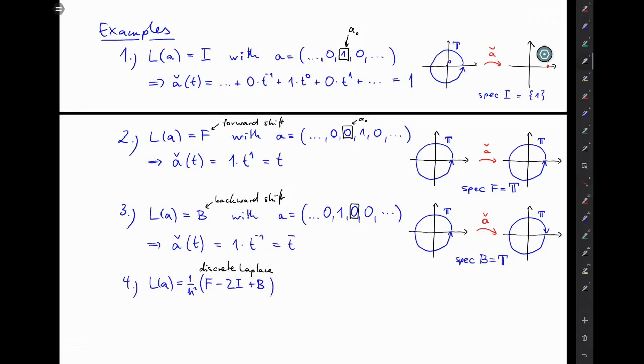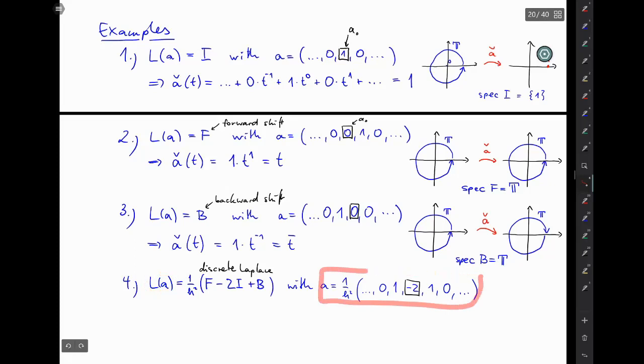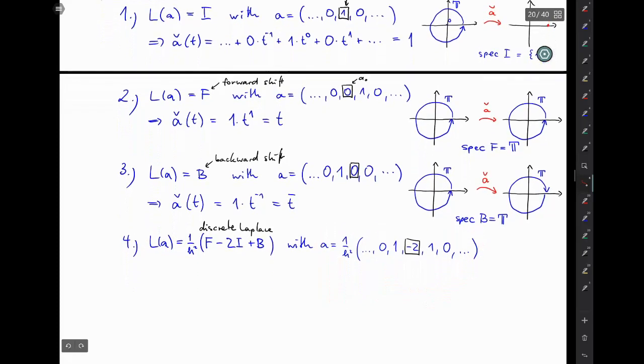Example number 4 was the discrete Laplace operator in 1D. And it's the operator of convolution by this sequence here. And the corresponding function a upside down hat is now this here.